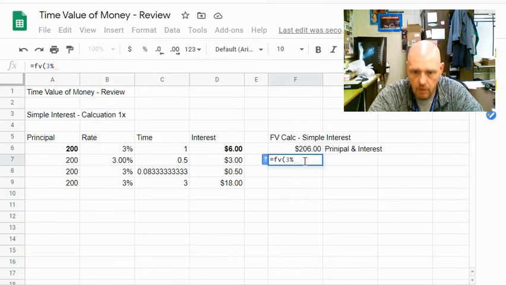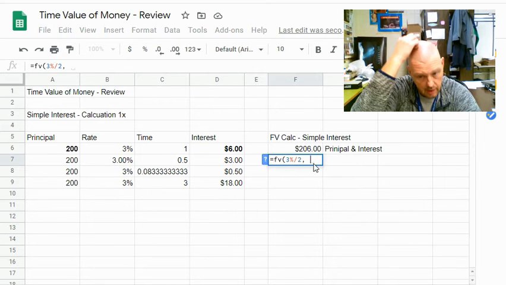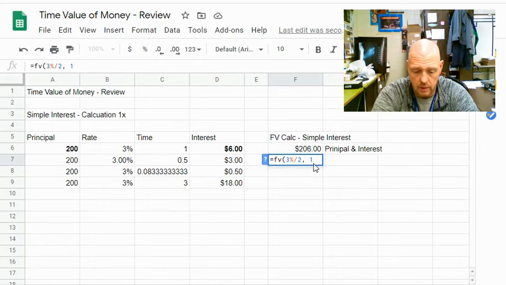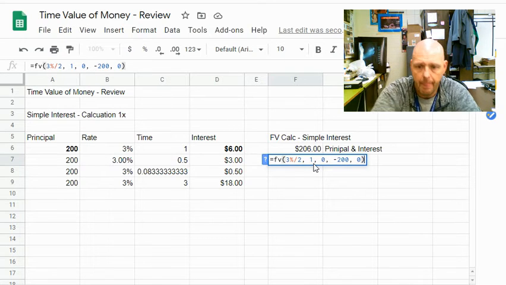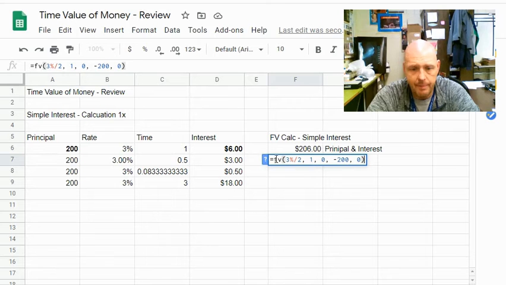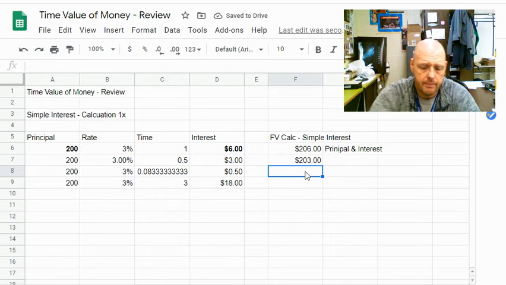No, I'm only leaving it in for half of a year. So that's why I'm dividing that number by 2. How many times am I doing the calculation? 1 time. Payment is 0. Negative $200 is what I'm putting in. Now, in theory, I got my answer right here. The number should be 203. That's what I got.